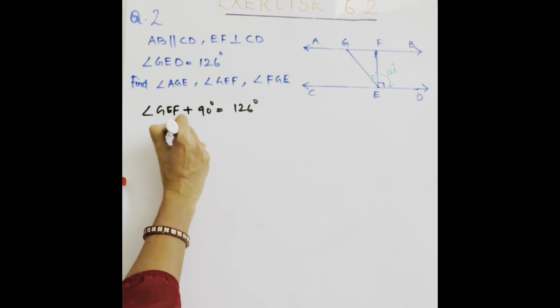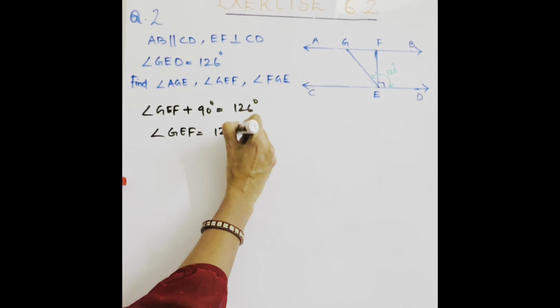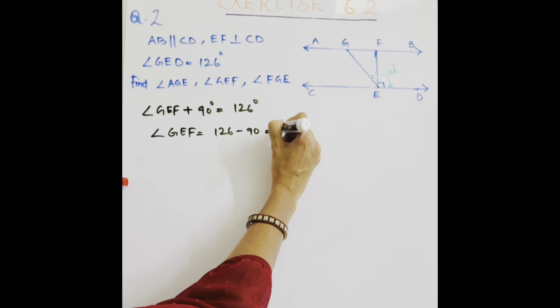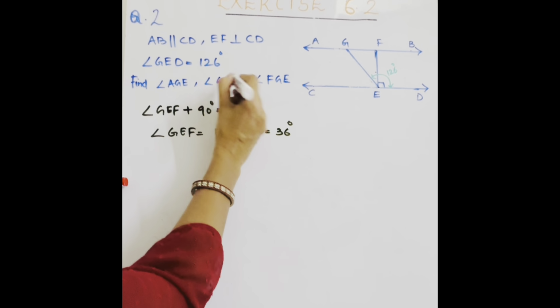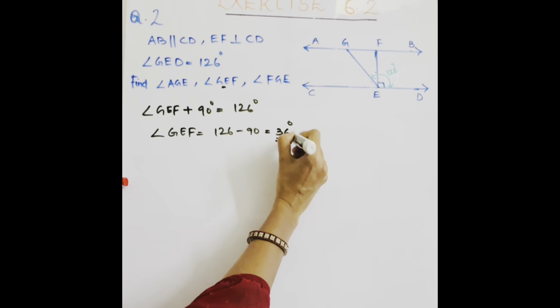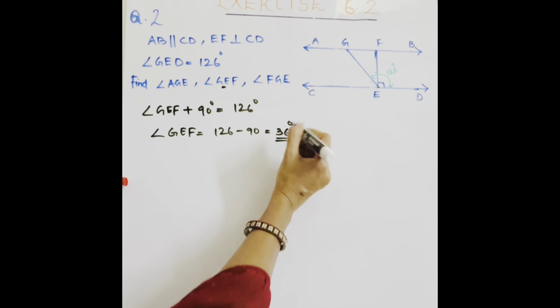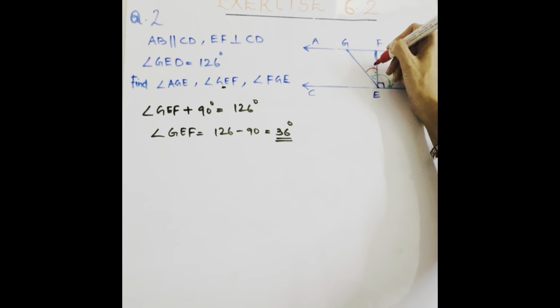Or we can say angle GEF is equal to 126 minus 90, which will give you 36 degrees. So angle GEF is 36 degrees. We will mark that 36 degrees here.